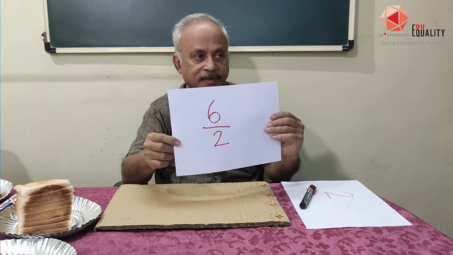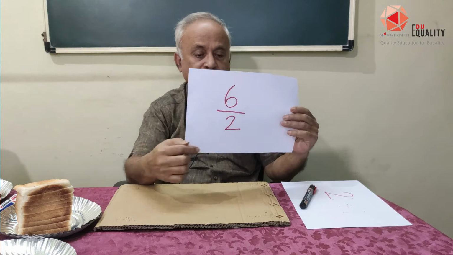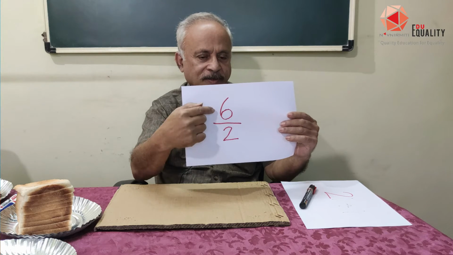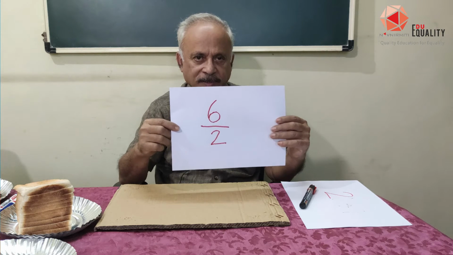3. You want to divide, so you have to start with how many slices? This is the problem. 2. 2 is the number of plates. Okay, and this number you have to divide among 2 persons. So you have to start out with 6. Okay, let's understand division.